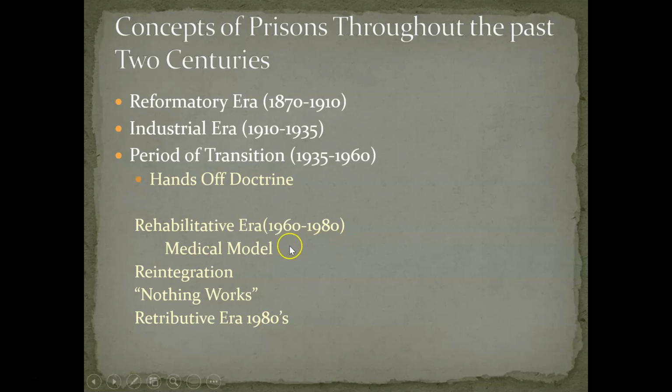And that's basically what the medical model was. They would compare it to something like a person who had cancer. If you have cancer, you're going to go to a hospital, a doctor, you're going to get treatment, and you're going to get better. That's kind of the concept of the rehabilitative era in regards to crime. Your criminal behavior, it was an illness and it needed to be fixed.